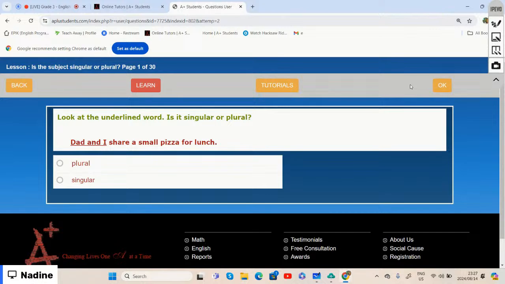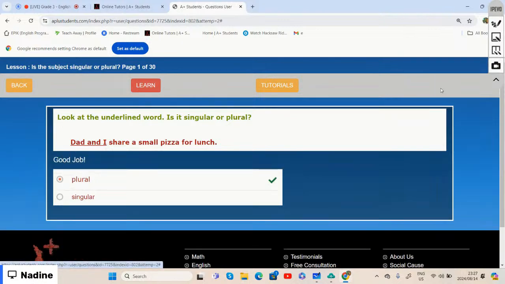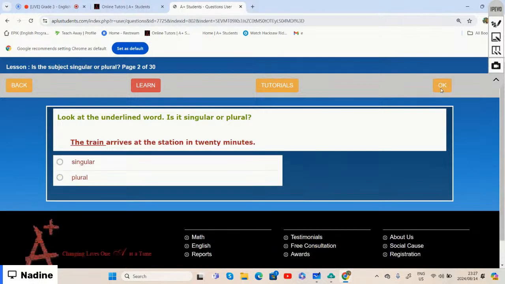All right. If we were to choose the correct answer, yes, we will choose option one. Plural, because we are saying it's dad and I, it's me and my dad. So well done. Option one is correct. Plural is correct.